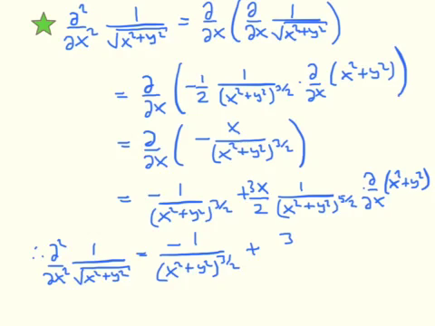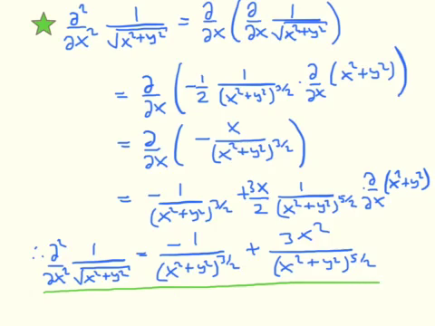Remember, the 2 and the half cancel, so the x times the x is going to give us x squared, and this is divided by x squared plus y squared, all to the power of 5 halves. And that is our answer for this question.